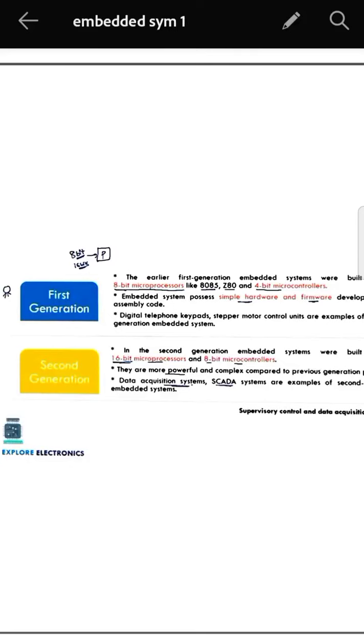And the example for this second generation is SCADA, that is, SCADA full form is supervisory control and data acquisition. This second generation is also used in data acquisition systems. Data acquisition system means how much data is required to be acquired by the system. It is one of the examples for the second generation.